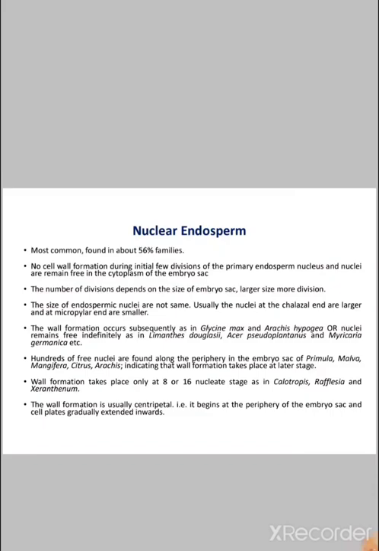The cells of the parietal layers divide periclinally and anticlinally, forming endothecium, middle layers, and tapetum. The cells of the primary sporogenous tissue differentiate into pollen mother cells or microspore mother cells.